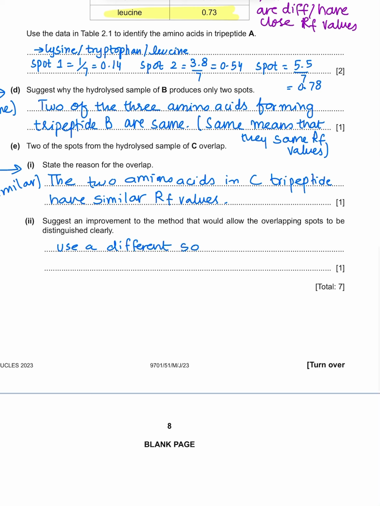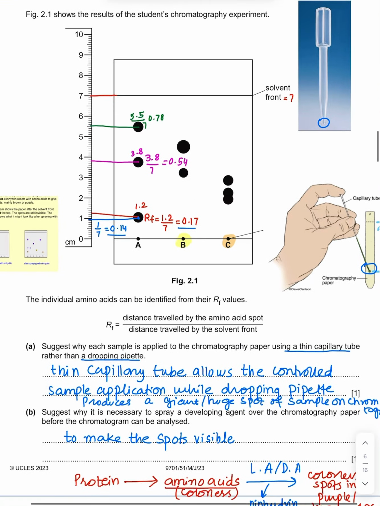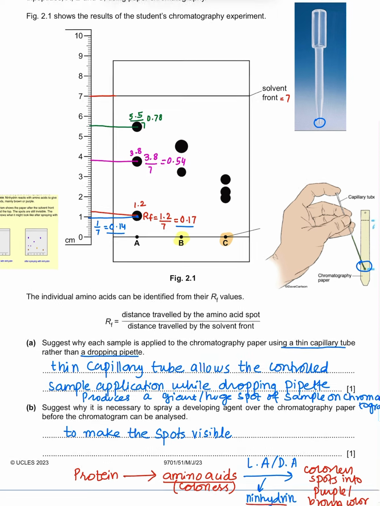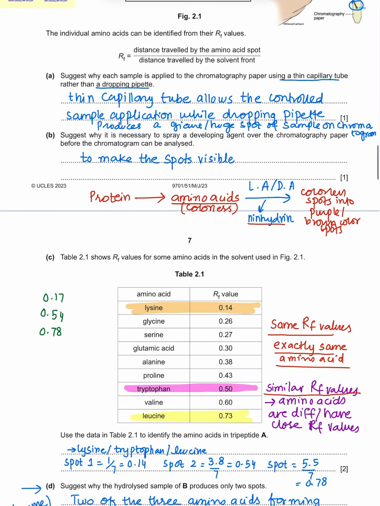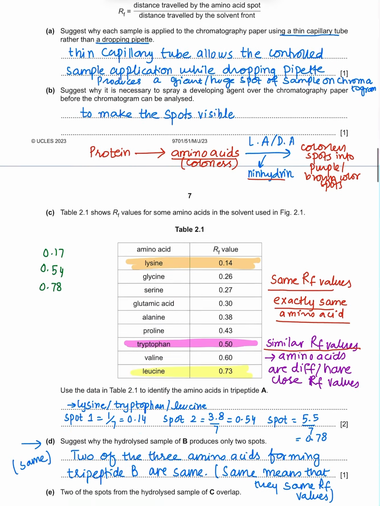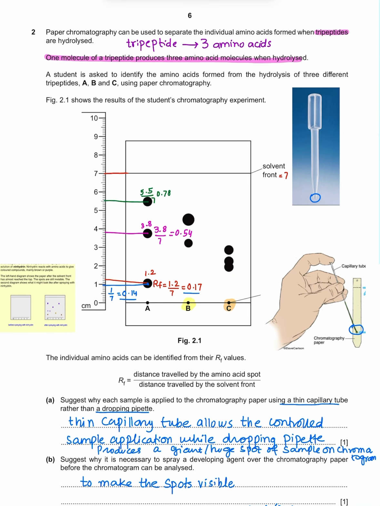So we can use any different solvent that allows a greater solvent front, that produces a solvent front of greater than 7 value. So when the spots will separate, ultimately the RF values are going to be different, and we can get clearly distinct spots, right? So you always need to understand what scenario is given in the paper, and you have to answer accordingly. This question was for 7 marks. It is not difficult at all, and you can easily see how it correlated all the previously studied concepts in O levels.